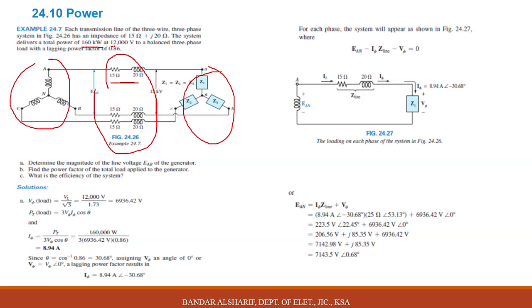For this information you need to be careful about the voltage mentioned in any three-phase question. How to decide whether this voltage is line voltage or phase voltage? It is not specified here. It is 12,000 volt to a balanced three-phase load. If it is mentioned as line voltage, it is considered as line. If it is mentioned as phase voltage, you will consider it as phase voltage. But what if it does not mention either phase or line?